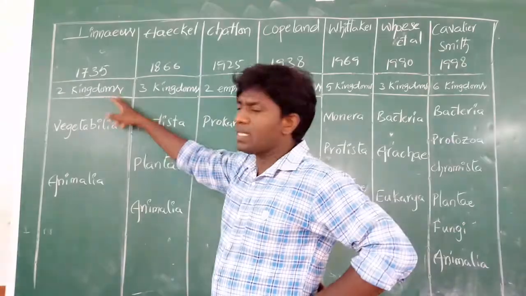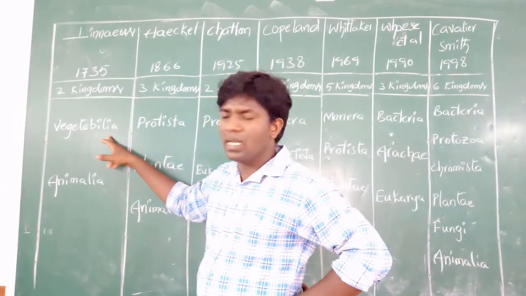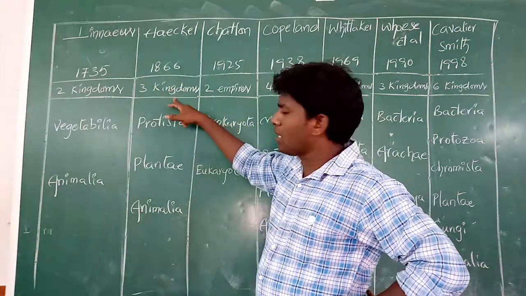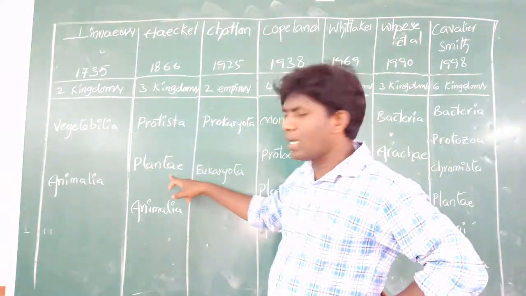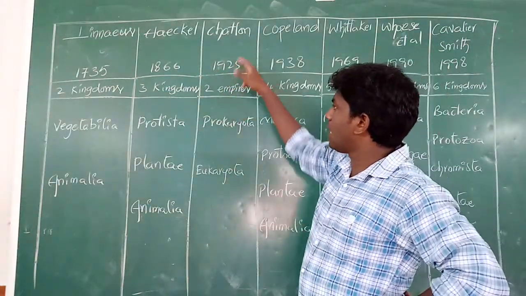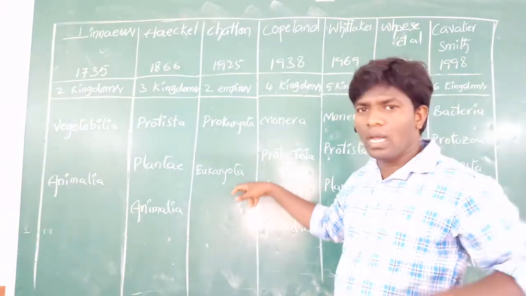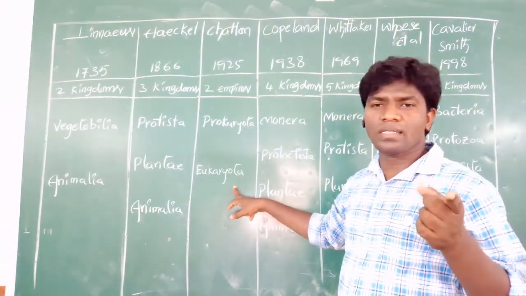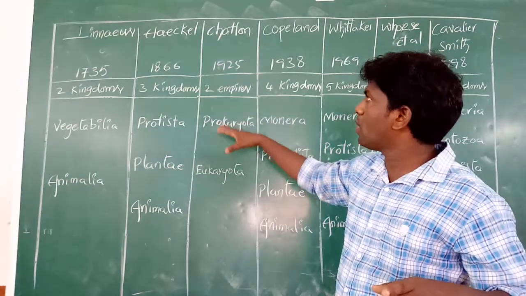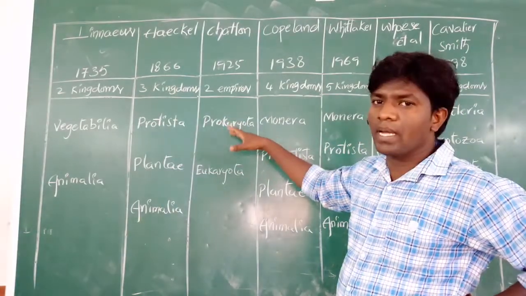This is the Linnaeus kingdoms, 2 kingdoms, Vegetalia and Animalia. Haeckel kingdoms, 3 kingdoms, Protista, Plantae, Animalia. And Chatton empires, 2 empires, Prokaryota and Eukaryota. Already discussed with you prokaryotes and eukaryotes. So prokaryotes and eukaryotes were proposed by Chatton.